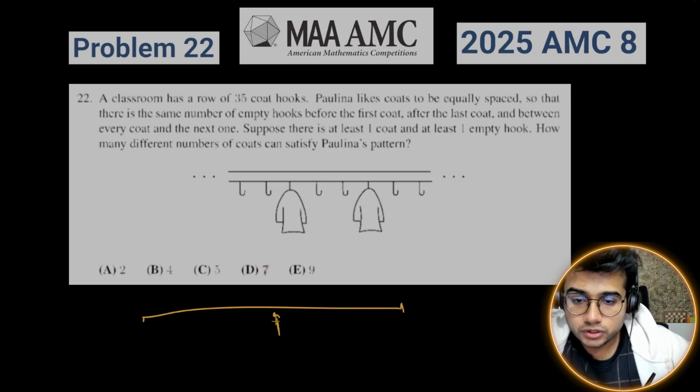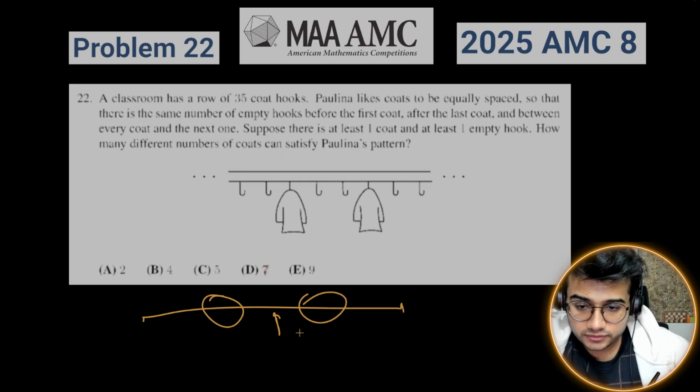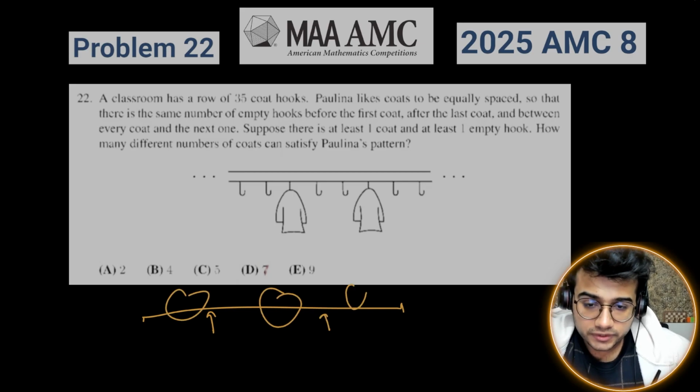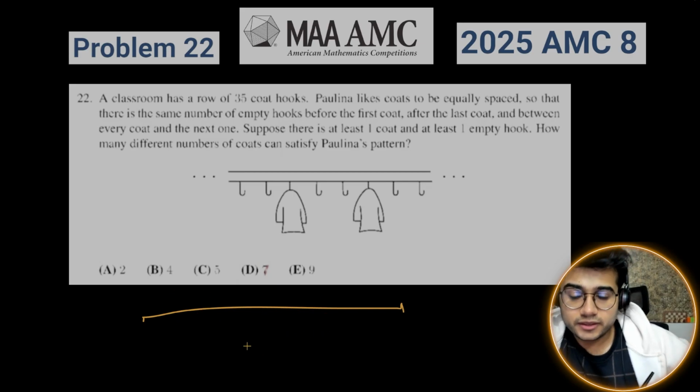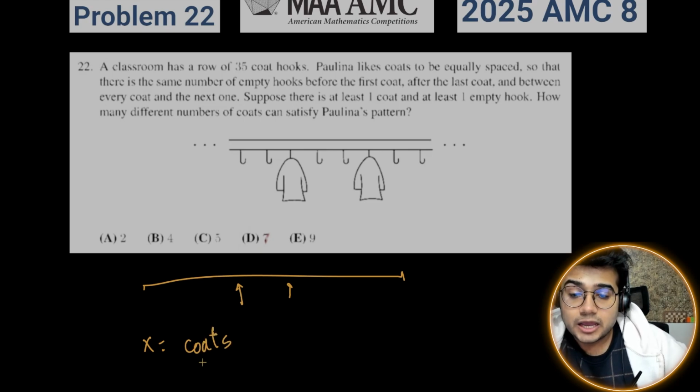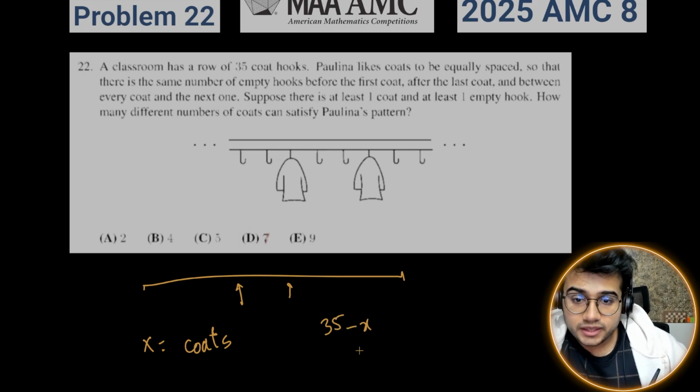If there is 1 coat, there are 2 equal spaces. If there are 2 coats, there are 3 equal spaces that we need. In the same way, if we have X coats, then 35 minus X hooks are left, and we have to divide them into X plus 1 equal spaces.